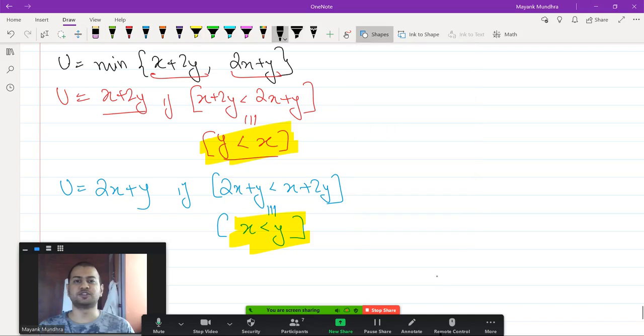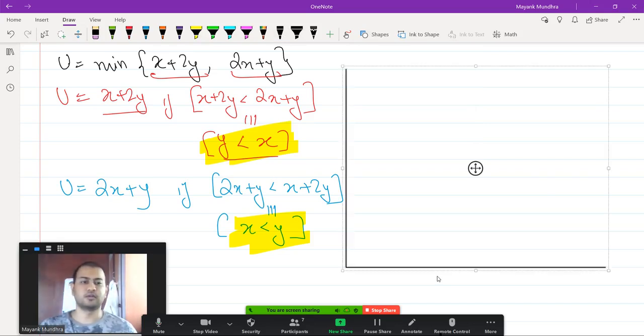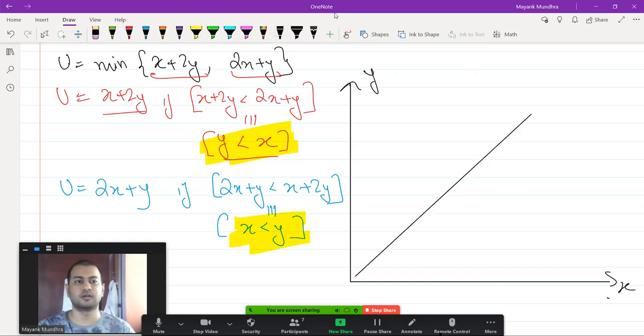So I'll draw the shape. My graph, y and x, and then I draw a straight line from here. Okay, this is my x equals y line.